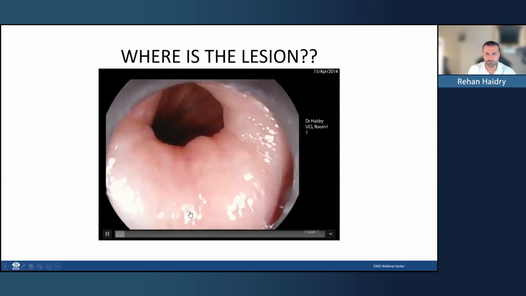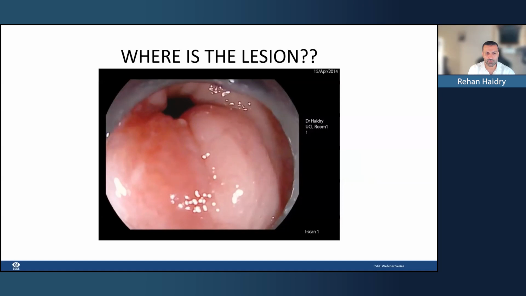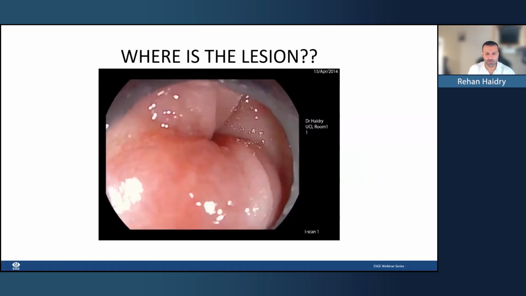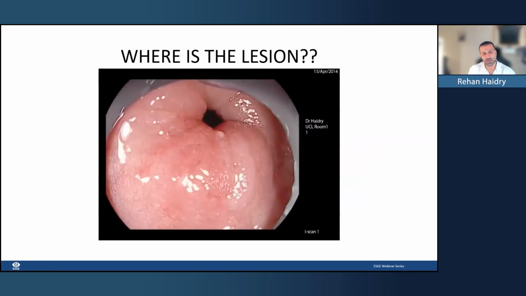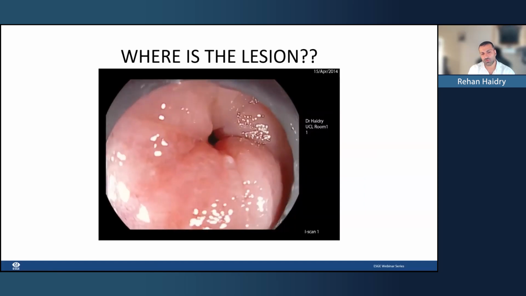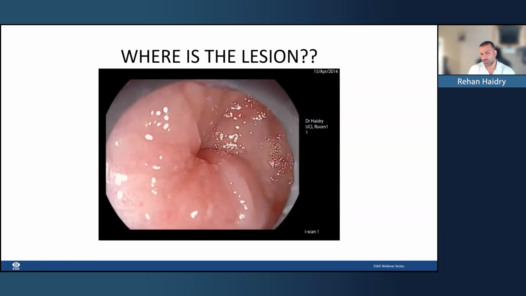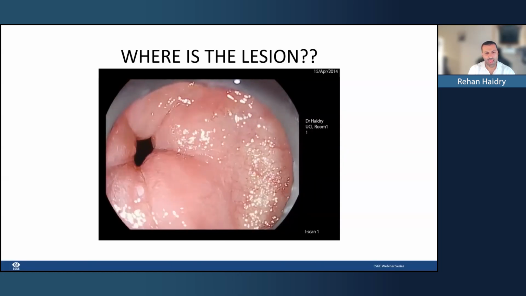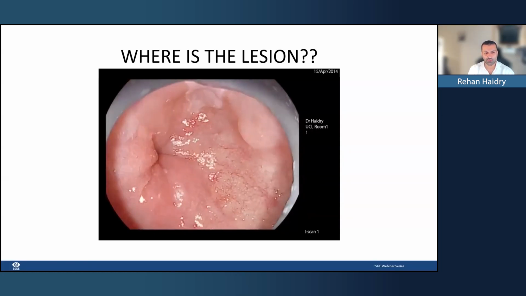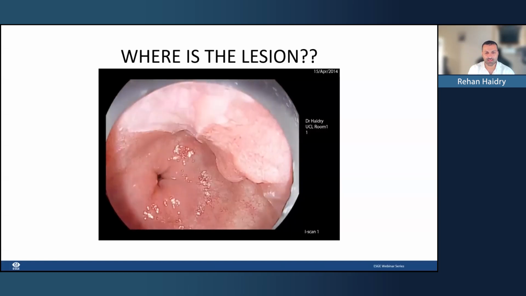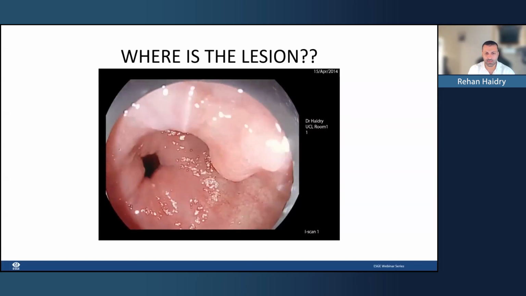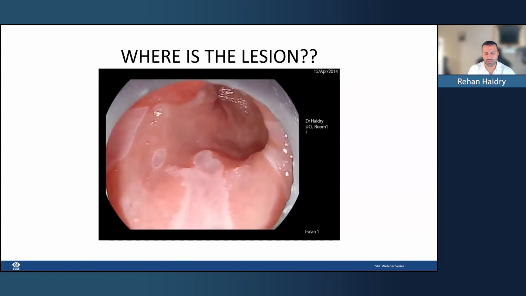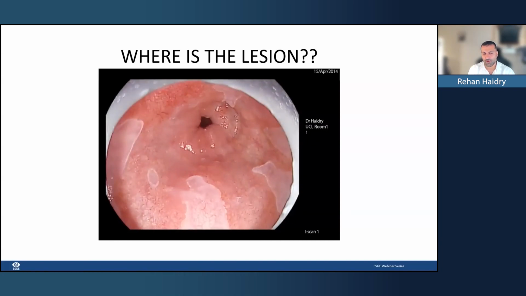And you can see from this endoscopy that there is a segment of Barrett's esophagus, and we're using first white light endoscopy, and then we are using some enhancement features with the virtual chromoscopy. At first glance, when you look at this, you can see a raised lesion in the 2 o'clock position, and that is what catches your eye.